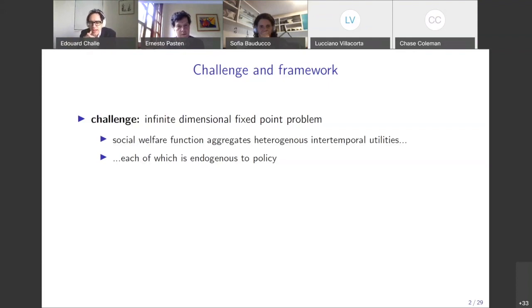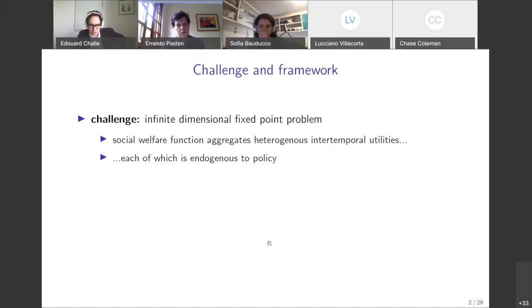To solve the optimal policy problem, you need a social welfare function that aggregates the intertemporal utilities of all the agents, but those intertemporal utilities are all endogenous to the policy path. This fixed point problem is relatively straightforward under a representative agent, whatever the other frictions, but it becomes highly intractable under incomplete markets.